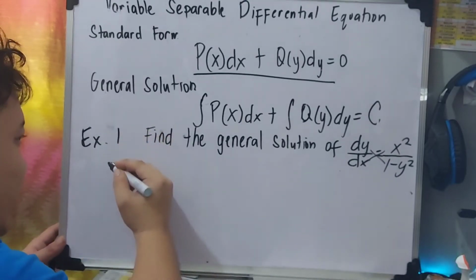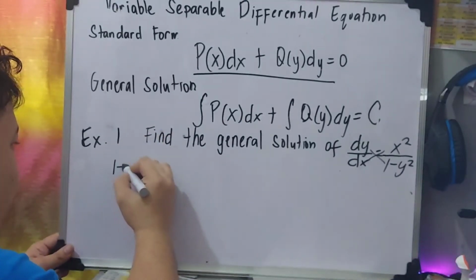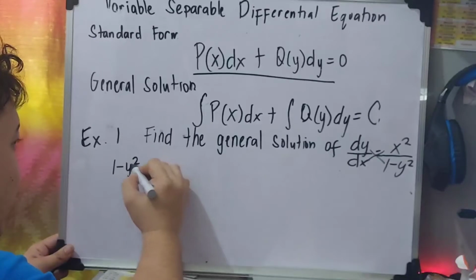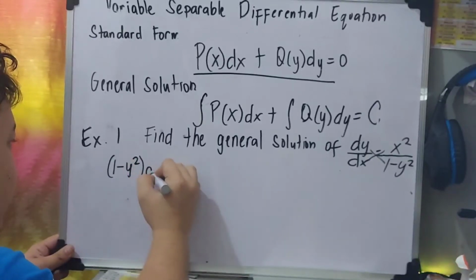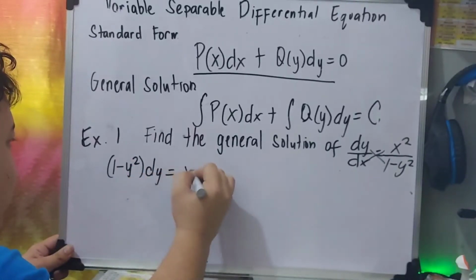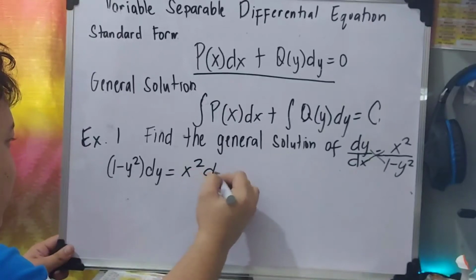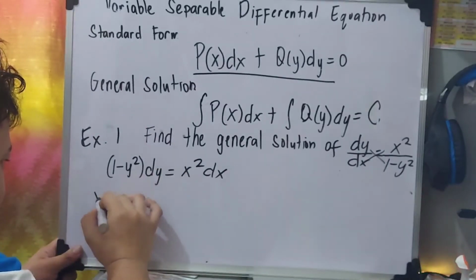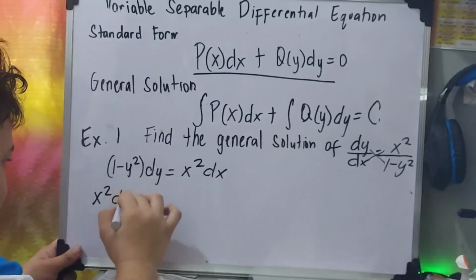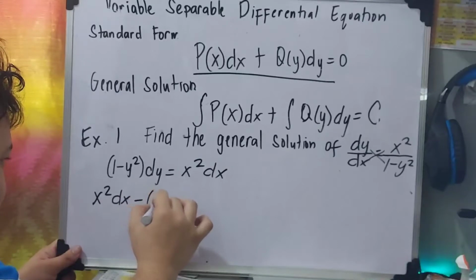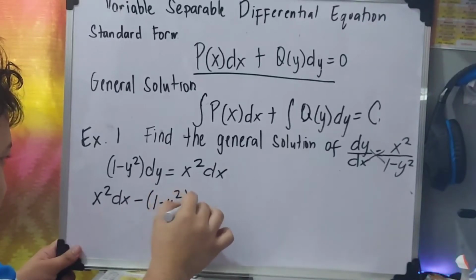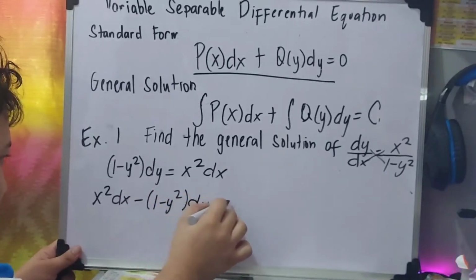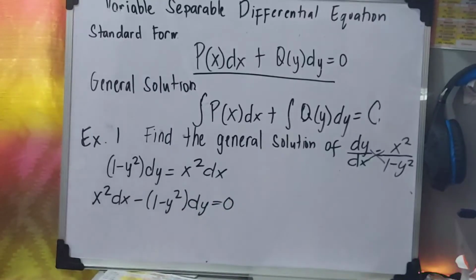We will have 1 minus y squared dy equals x squared dx. Transpose, we have x squared dx minus 1 minus y squared dy equals 0.